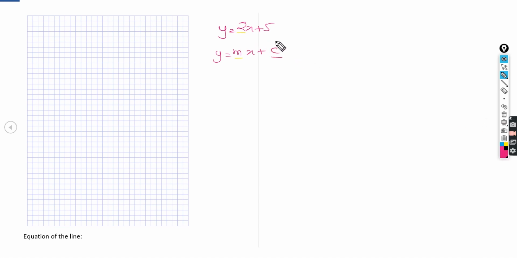Then c being 5, c is the y-intercept, so m is the slope or gradient, c is the y-intercept. Y-intercept being from where on the y-axis does this line cut, or where is this line cutting the y-axis.